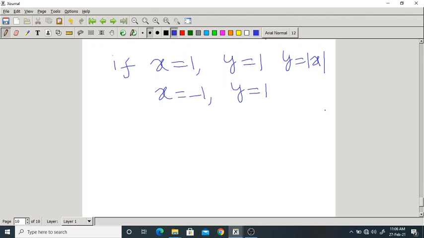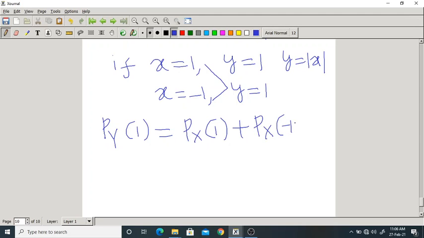So for y equal to 1 we have two possibilities: x equal to 1 as well as -1. So that's why we write P_Y of 1 equal to P_X of 1 plus P_X of -1. What is P_X of 1? 1 by 9. -1 also 1 by 9. Total 2 by 9.